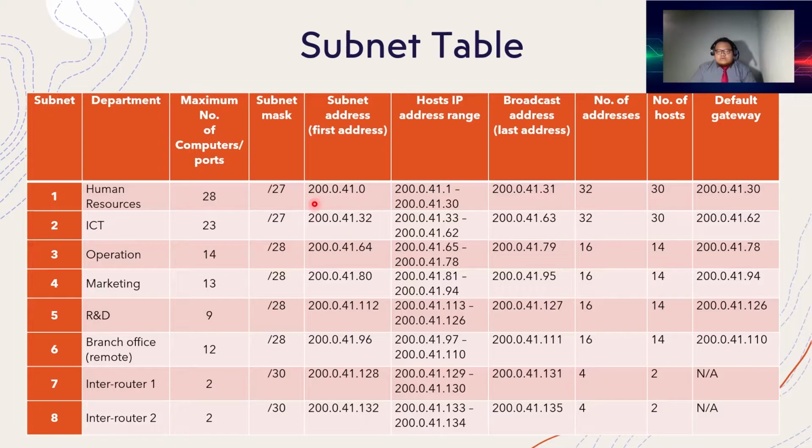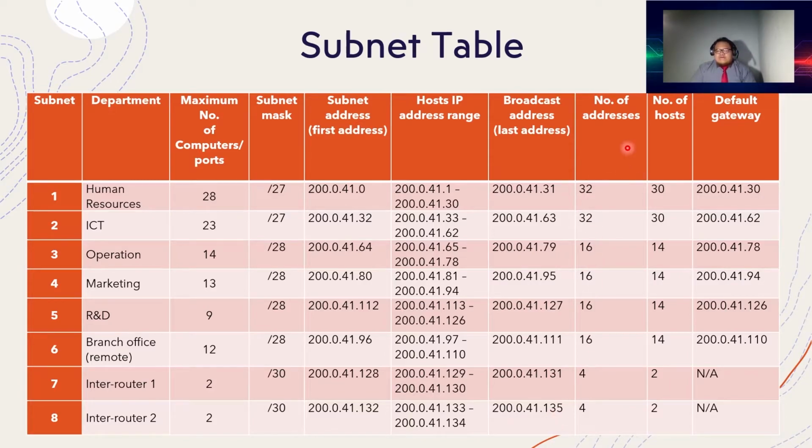As you can see here, 200.0.41.0, and for subnet 8 it is 200.0.41.132. And the last address here, we are using it as the broadcast address, which for subnet 1 is 200.0.41.31, and for inter-router 2, the last subnet, we are going to use 200.0.41.135.